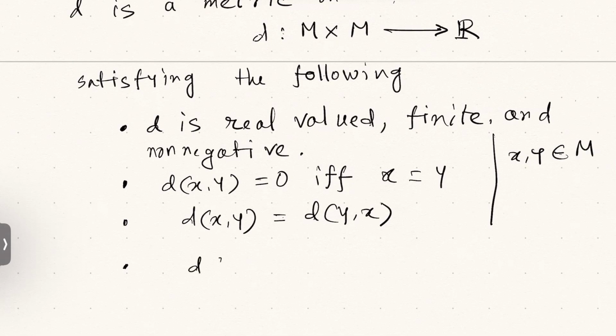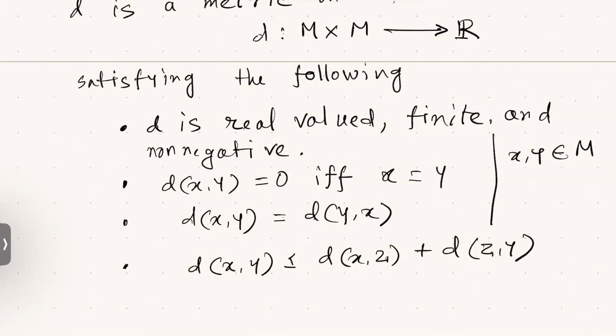And the triangle inequality is d of x comma y is less or equal d of x comma z plus d of z comma y. So if a function d satisfies all these axioms, then we say the function d is a metric on the set M.